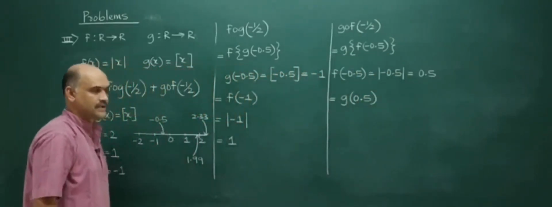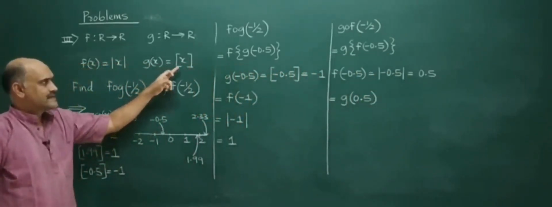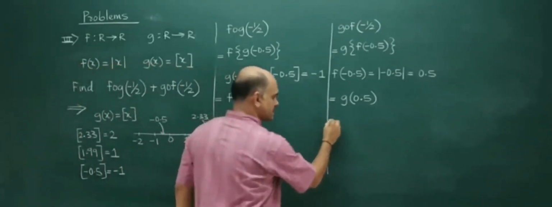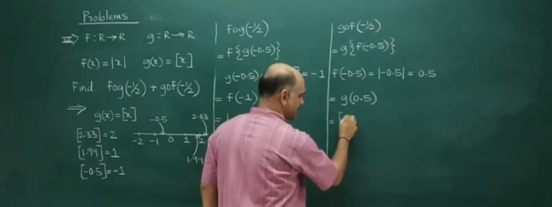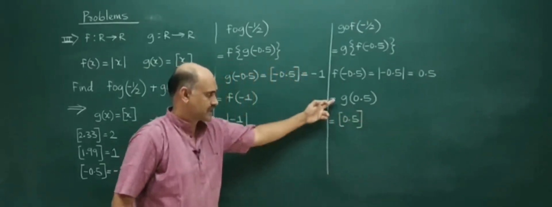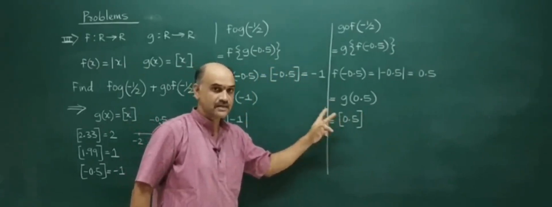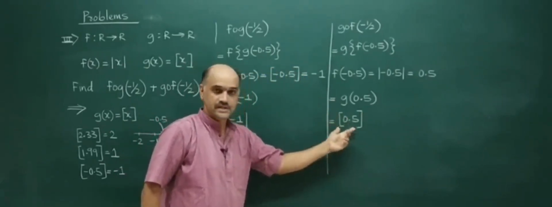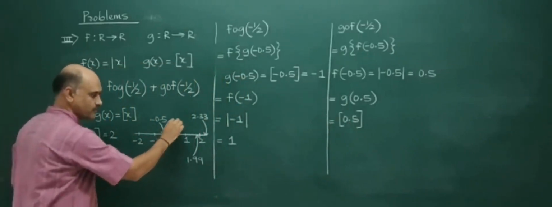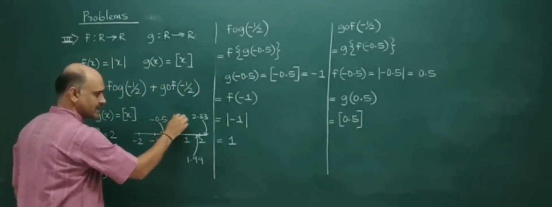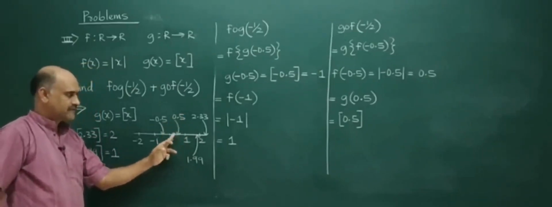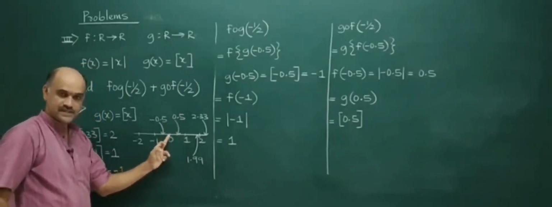Now g of x is the greatest integer function. This is equal to the square bracket of 0.5. The notation for greatest integer is the square bracket. You have studied it in first year. Now if you observe the number line, 0.5 comes over here. So the integer to the left of 0.5 is 0.